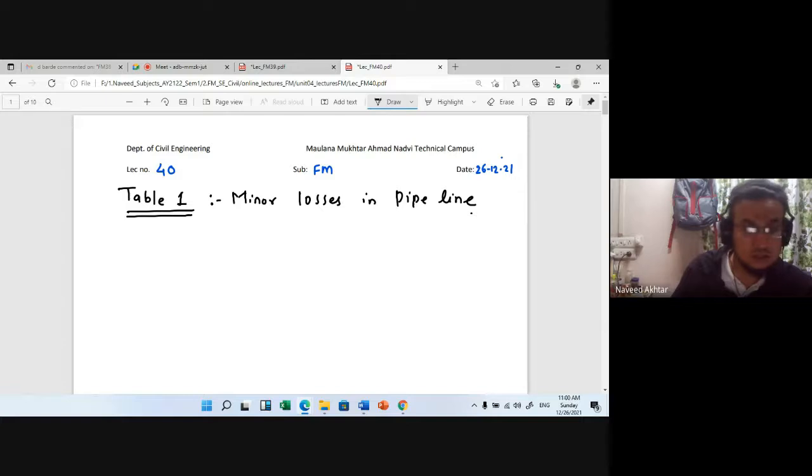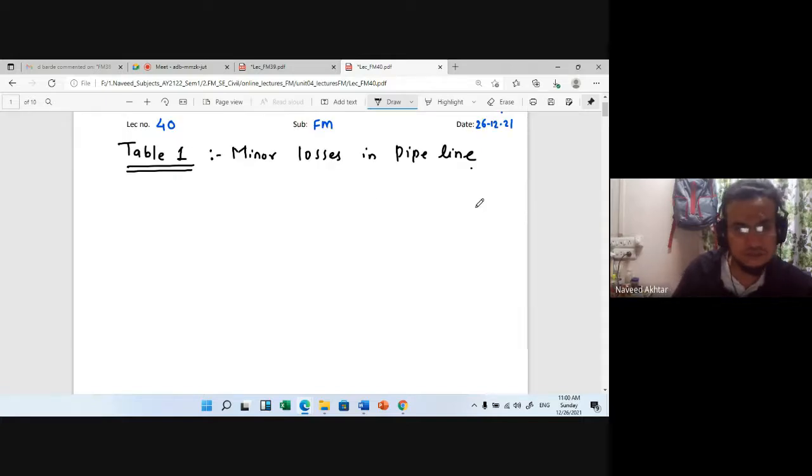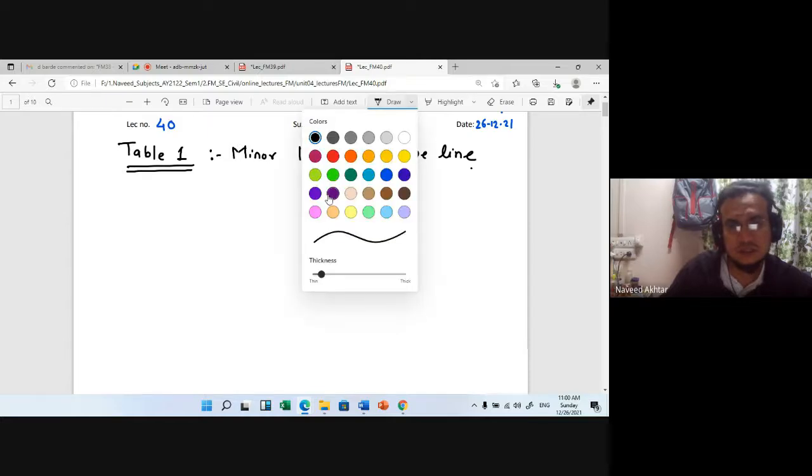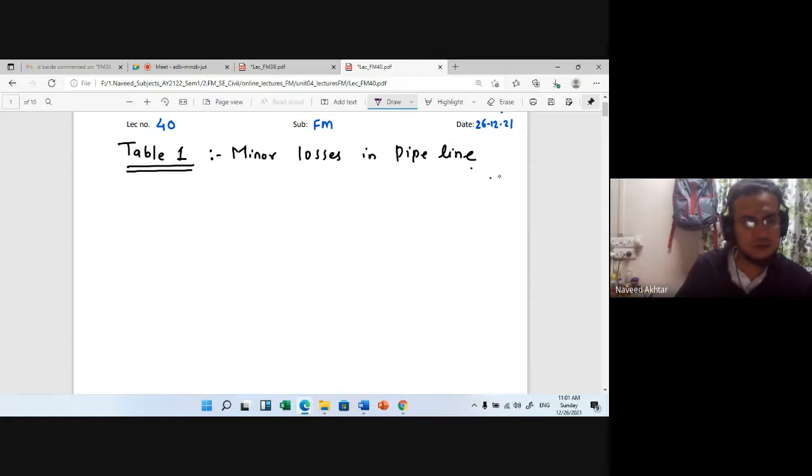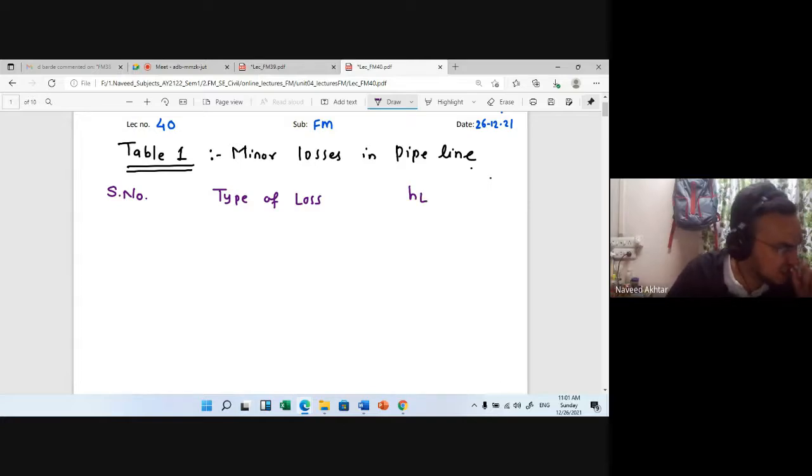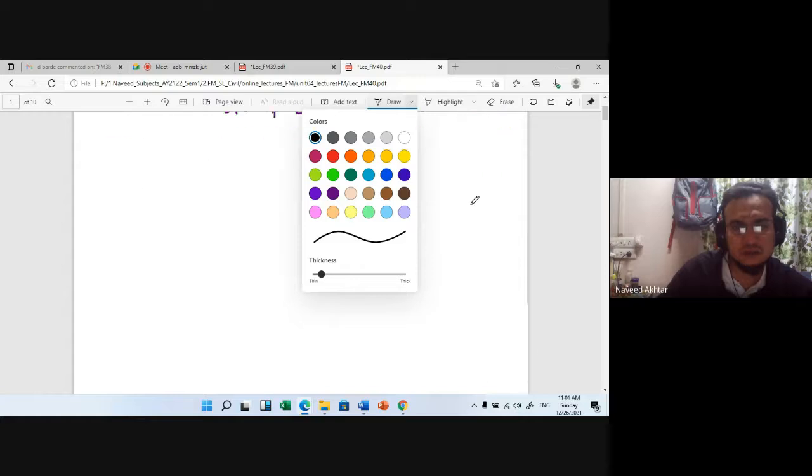You can write down the serial number, type of loss, and then the value of HL, that is the value of head loss due to minor losses.